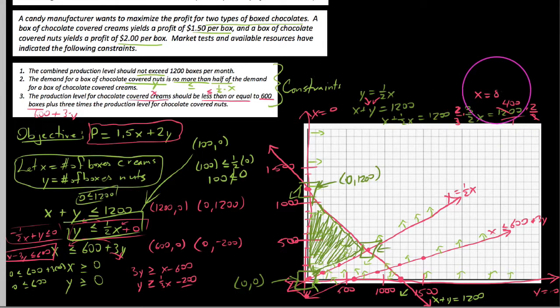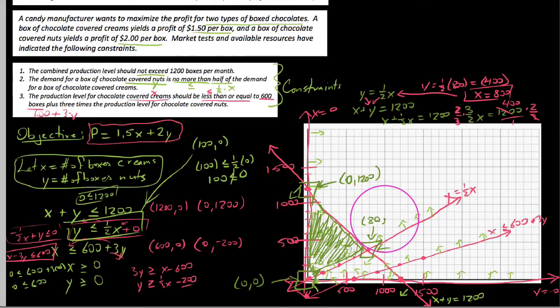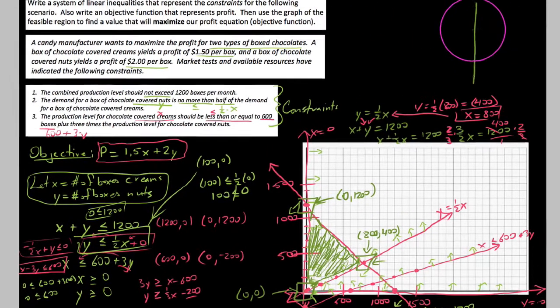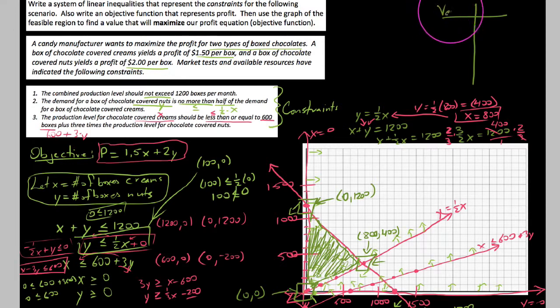So we get x equals 800. And if x equals 800, we'll plug this back in right here. We get y equals 1/2 of 800, so y equals 400. Okay. So we have this vertex here as well. We say this is the point x equals 800, y equals 400.